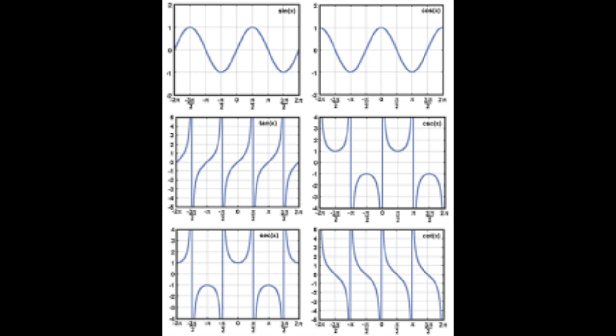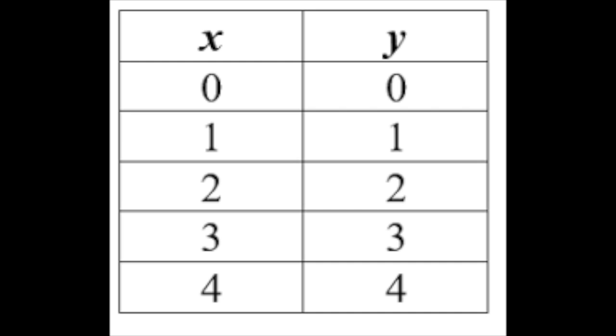I'll put up some pictures of the different types of graphs, and then we can go into their reciprocals. Also, if you need a way to organize your numbers, I recommend making a chart to plug in the x and y values. Then you can graph your points and not just go based on a pattern.